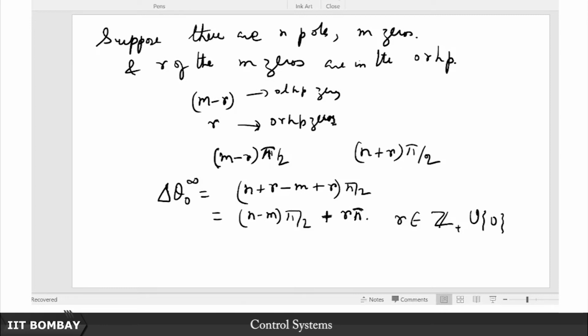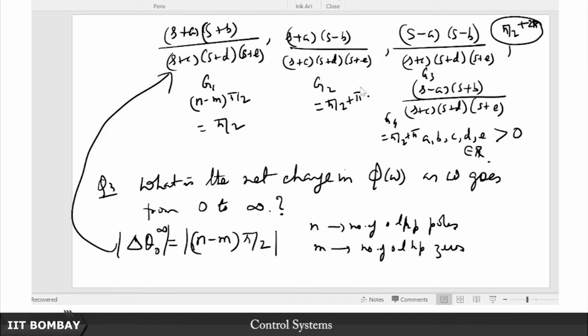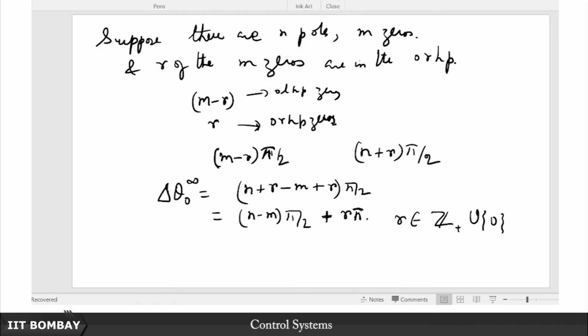That is the reason we call it a minimum phase system. If you take a non-minimum phase system, it will have a net phase change which is greater than that of the minimum phase system's phase plot. So that is why we call it a minimum phase and a non-minimum phase. The minimum phase is only one, and there could be several other choices of non-minimum phase transfer functions.